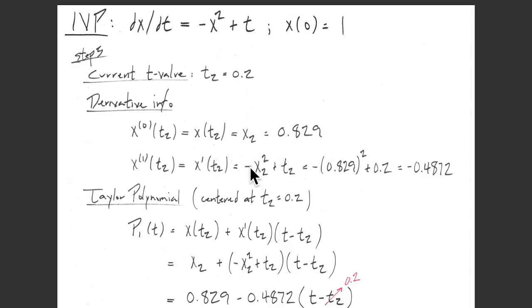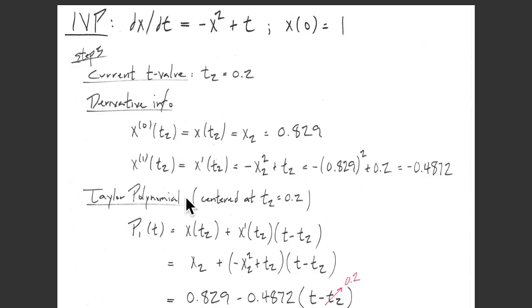So it's minus x2 squared plus t2, that's coming from our differential equation, and then use the values we already have for x2 and t2, and that's what I'm doing here. Do the arithmetic and you get minus 0.4872. So those are our zeroth and first derivatives evaluated at time t2.